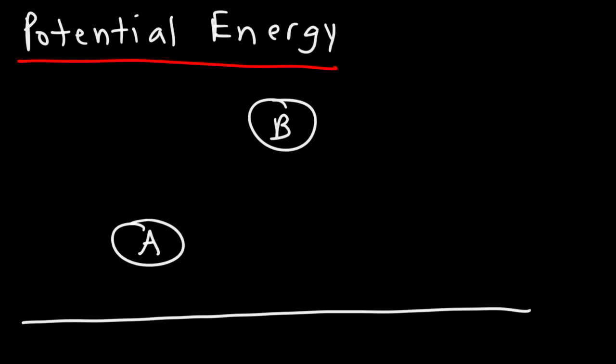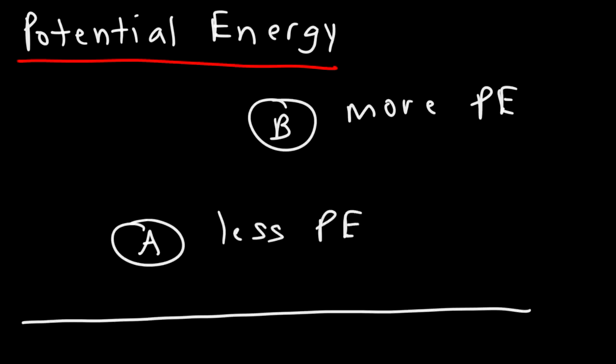Now, object B is at a higher position relative to the ground. So object B has more potential energy than object A, assuming, of course, that they have the same mass. So potential energy is really energy due to position. Object B can fall a greater distance than object A, and so it has more potential energy.